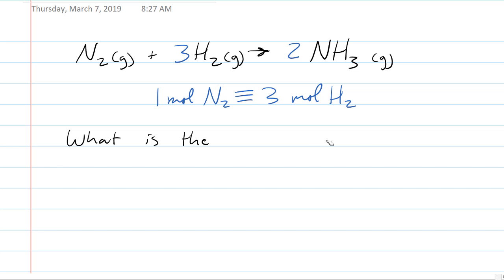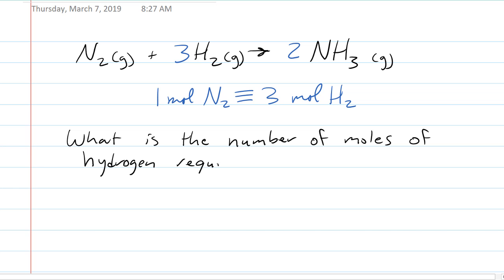Sorry, what is the number of moles? We're not in the mass yet. What is the number of moles of hydrogen required to make, and let's have something like 28 moles of NH3.